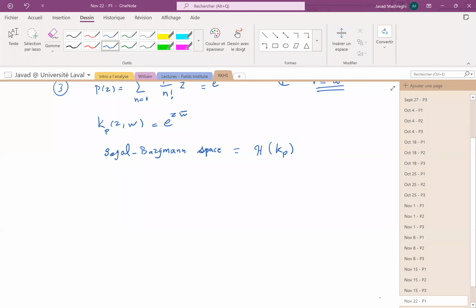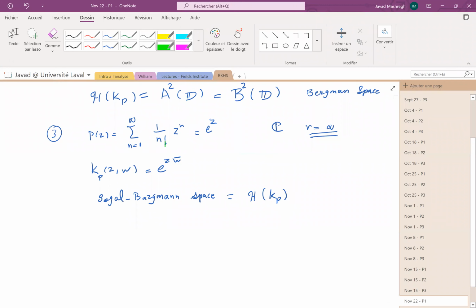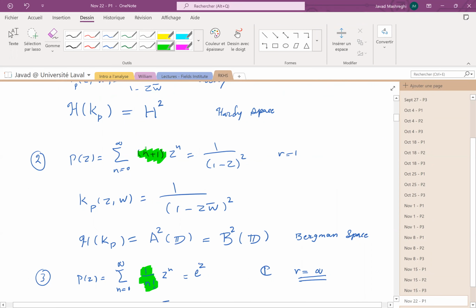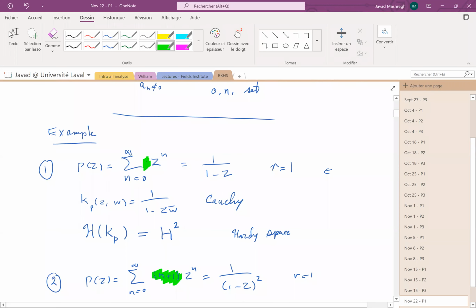But in chapter 4, we arrive at the same space from a different route by considering coefficients. So here, 1 over n factorial, previous one, n plus 1, and the first one is 1 here indeed. Well, yes, I can add 1 if you wish.